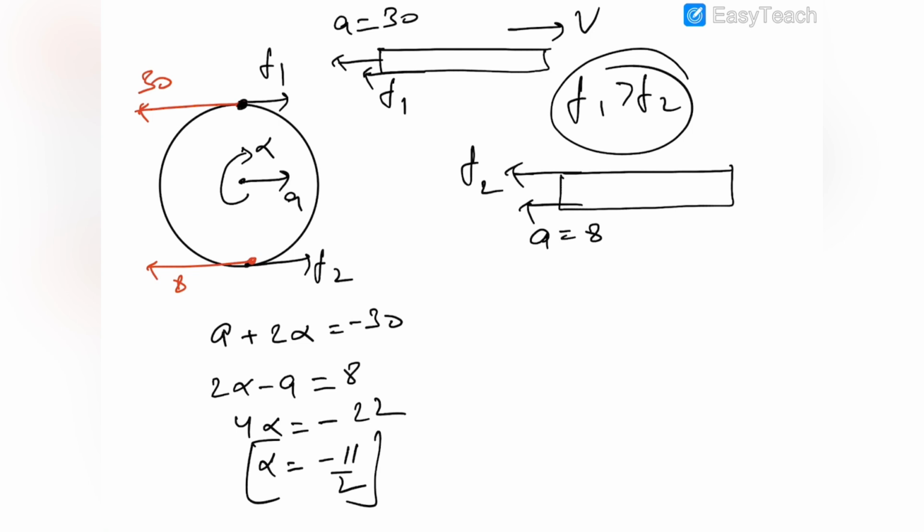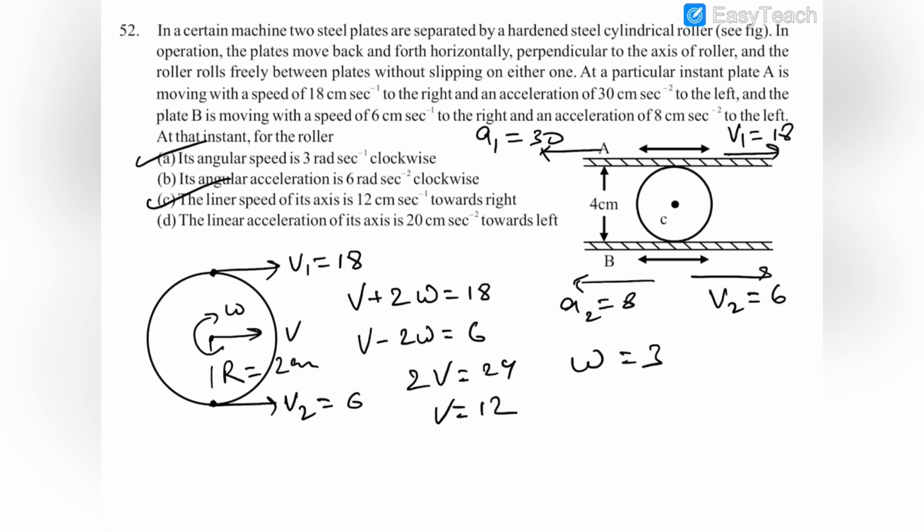And A will be equal to minus 19, you can see that. If you substitute this value here, then 2 will be cancelled out and this would be minus 11, and here it would be minus 19. So none of the options is matching. So the correct options are only A and C. Now we move on to the next question.